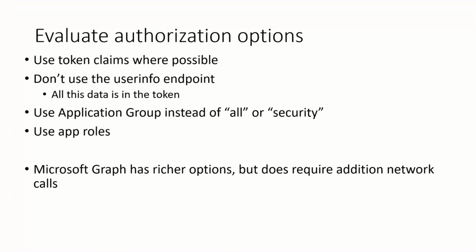If you are using groups, one of the issues is if you use groups that are assigned to the application, what we refer to as an application group, instead of, say, all the user security groups, those can be problematic because the token gets very big.